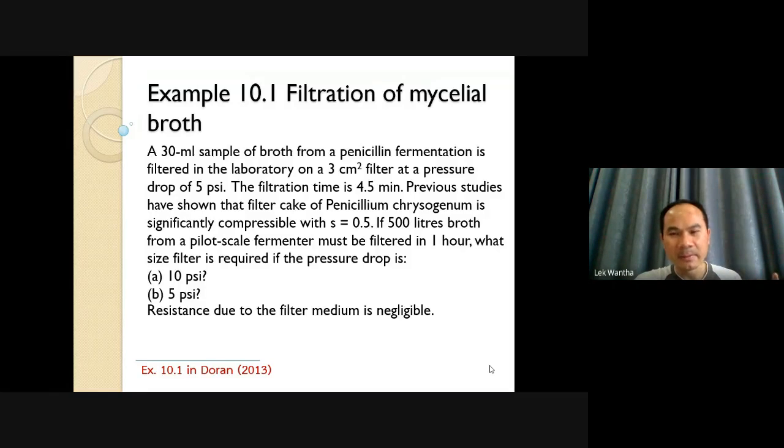From the previous study, we have the data that the compressibility constant s is 0.5.